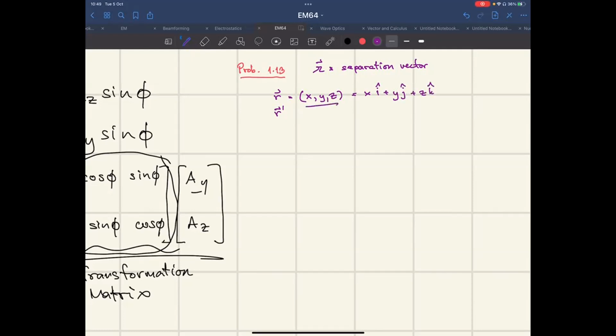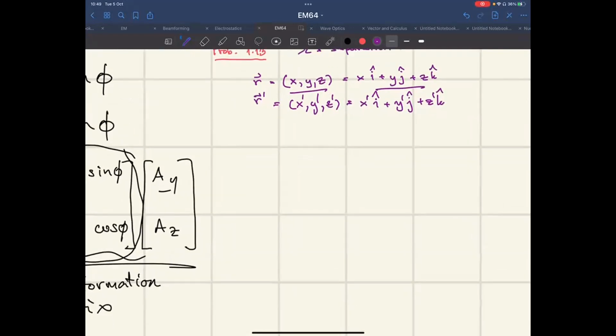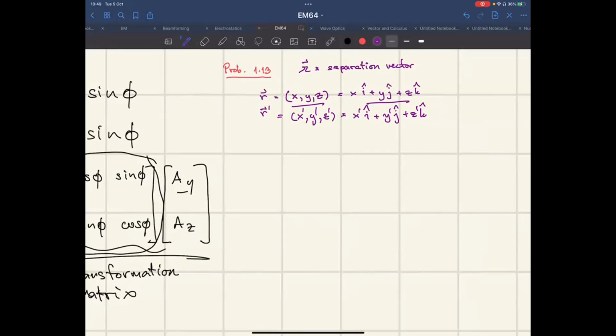You can write the vector this way or this way. And this one is X prime, Y prime, and Z prime here. X prime I, plus Y prime J, plus Z prime K. Any questions? This we just get from the problem statement.